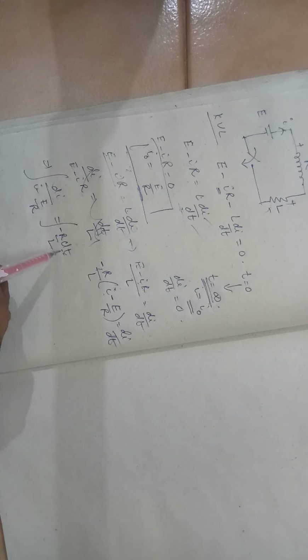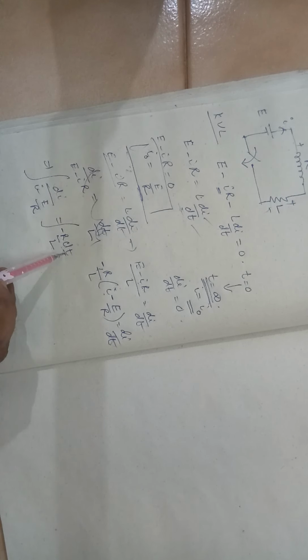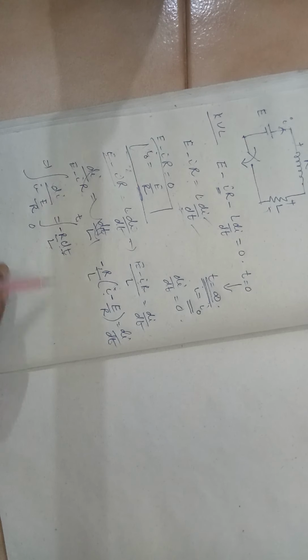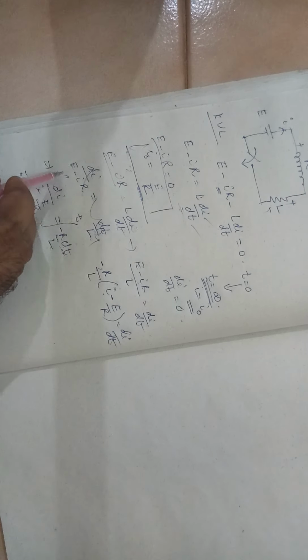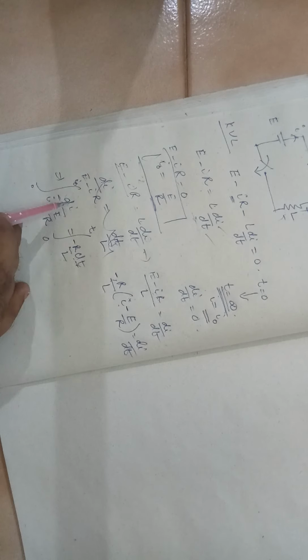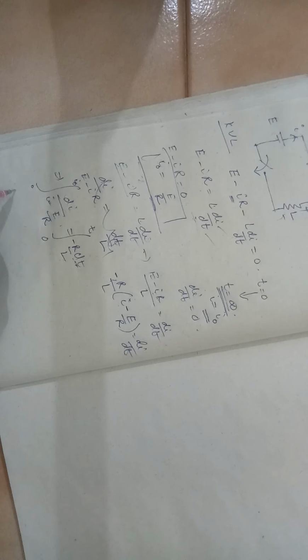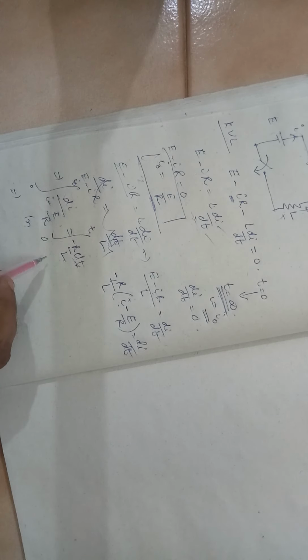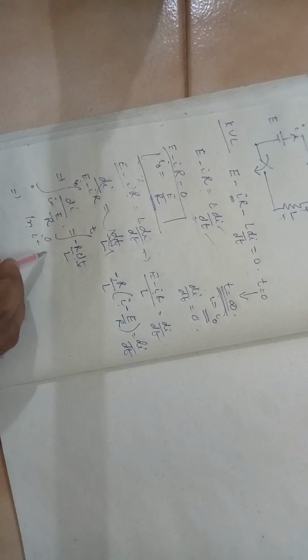Here the variable is dt, which is the time period between 0 to t, let us say, and current transferred is 0 to I0. That is the total current that is transferred. So this is dx by x format. So this integration will be log of natural base x. So it will be I minus E by R.